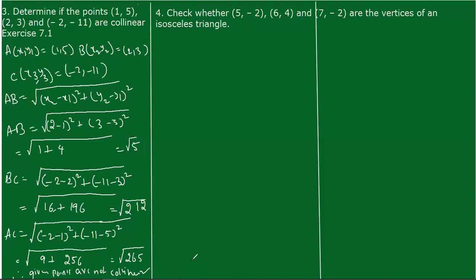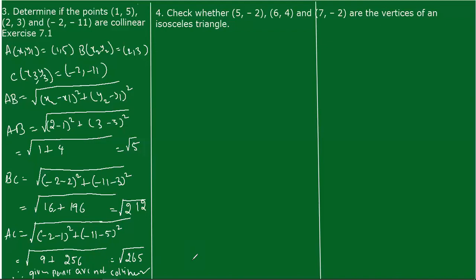Check whether (5, -2), (6, 4) and (7, -2) are the vertices of an isosceles triangle. Here the main thing to keep in mind is what an isosceles triangle is: in a triangle, any two of the sides are equal.